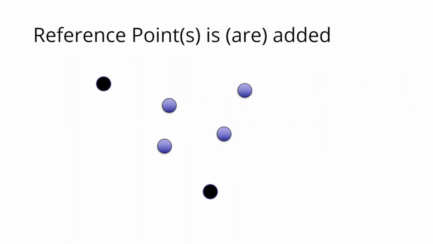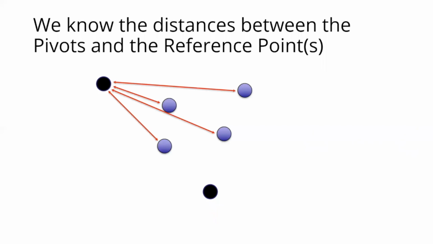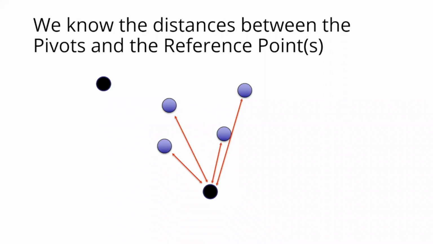Now, I'm going to add reference points, which are the black dots over here. With those reference points, what I'm going to do is measure the distances from a reference point to all the pivots. So I'm going to measure these 4 distances, and these 4 distances.